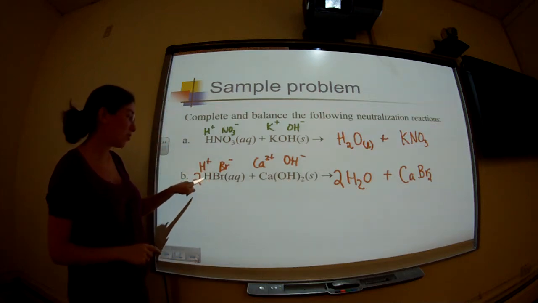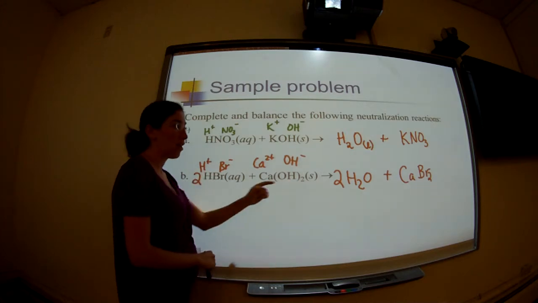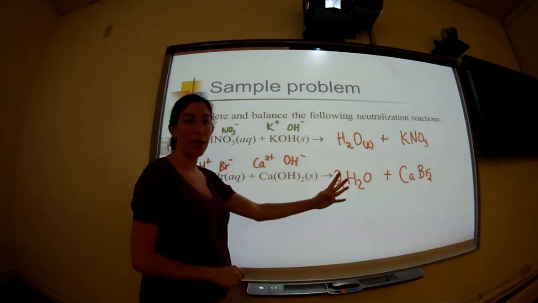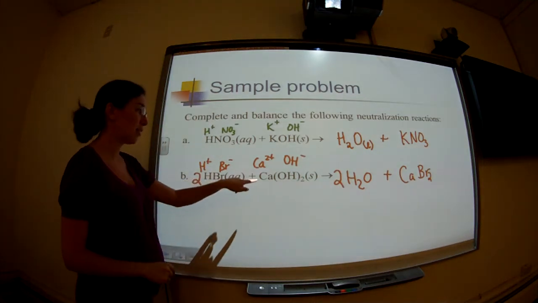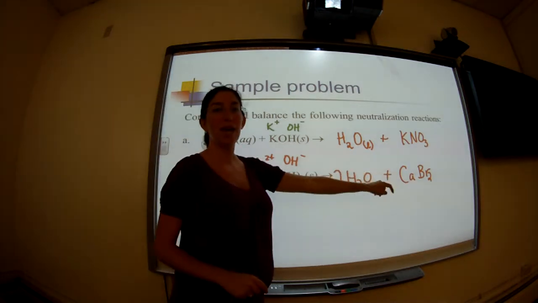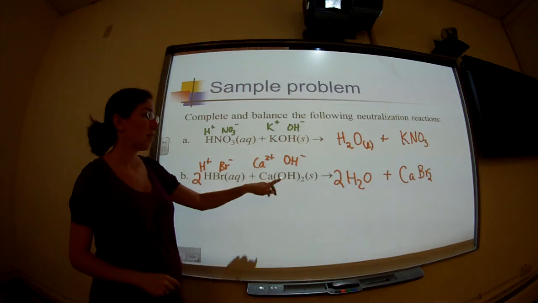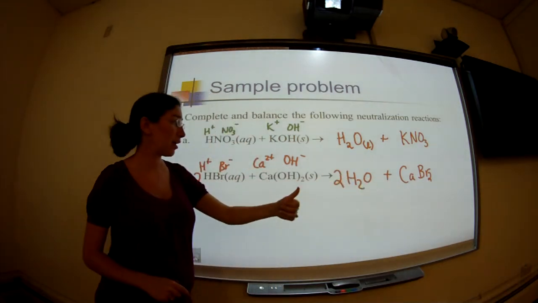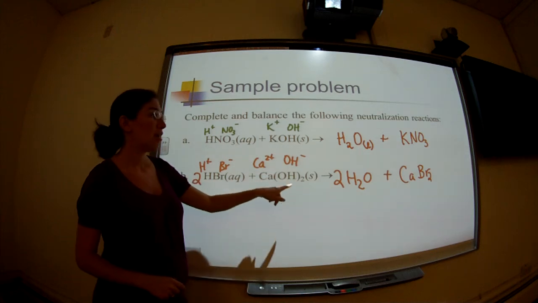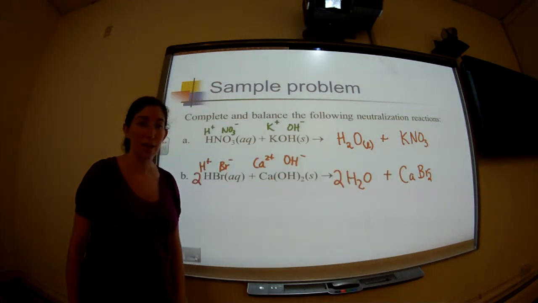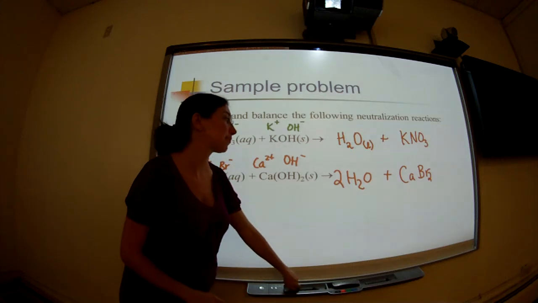We have 2 hydrogens plus 2 hydrogens makes 4 hydrogens. 2 times 2 is 4 hydrogens, so check. Bromine, we have 2 bromines here and 2 bromines on that side, check. Calcium, we have 1 calcium here, 1 calcium here, check. And I think the last one was oxygen. We have 2 oxygens here and we have 2 oxygens here, okay? So we are balanced in the clear.